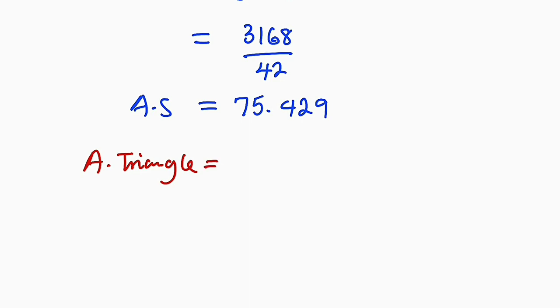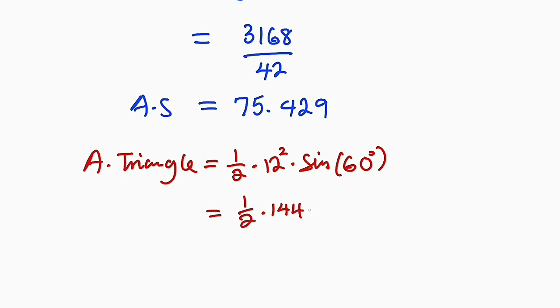Since it is an equilateral triangle and we know that angle is 60 degrees, we can use this formula: 1 divided by 2 multiplied by radius squared, which is 12 squared, multiplied by sine of that angle, which is 60 degrees. This is equal to 1 over 2 multiplied by 144 multiplied by square root of 3 divided by 2, because that is sine of 60 degrees, right?